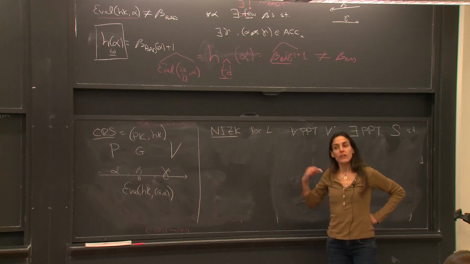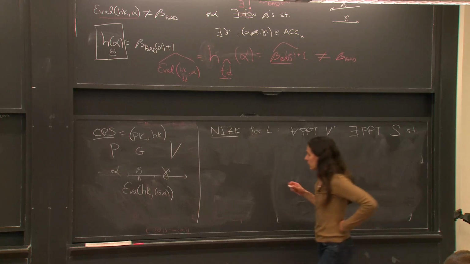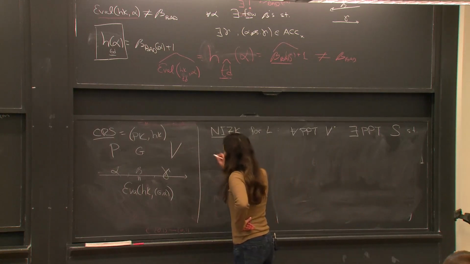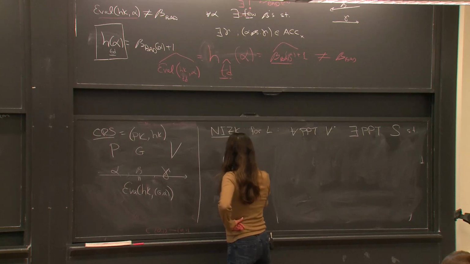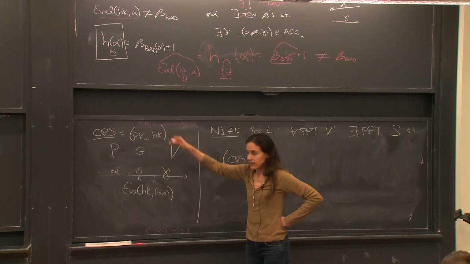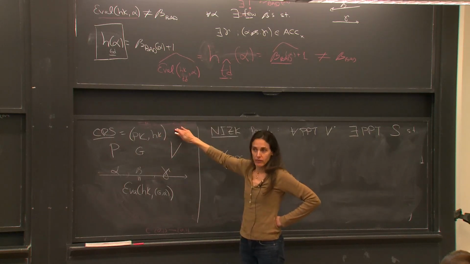So what is the view of the verifier in the real world? It's the CRS. Every NIZK is non-interactive and there's a CRS.